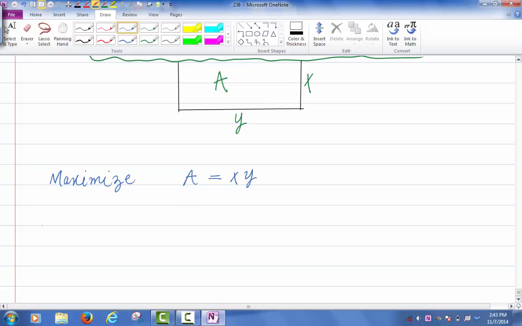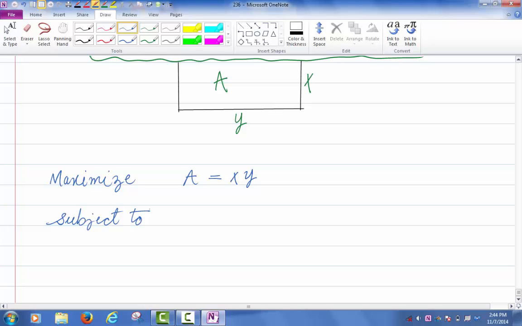But of course, if he is allowed to pick x and y to be as big as he wants to, then there is no limit, right? He can make the area as big as he wants to. However, there is a restriction, right? What's the restriction? Subject to the restriction that he has only 2,400 feet of fencing. In terms of x and y, what does it mean?